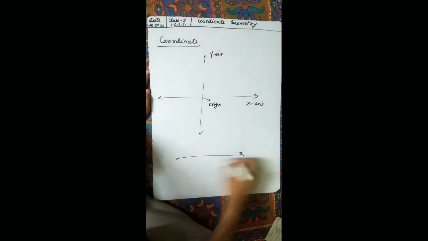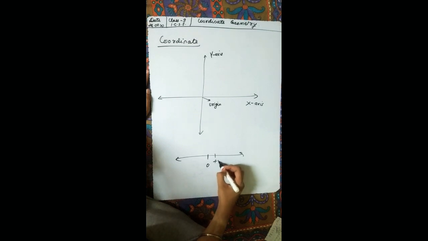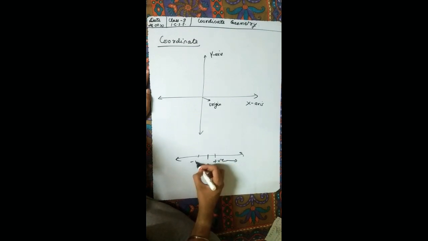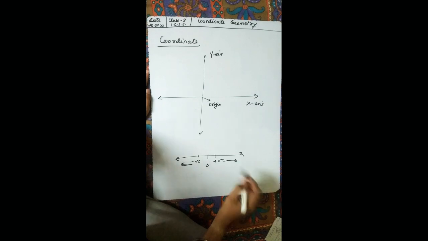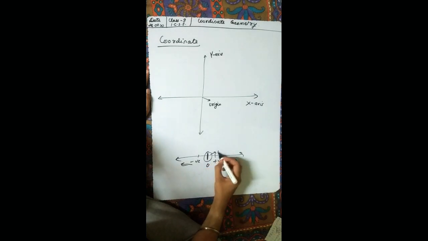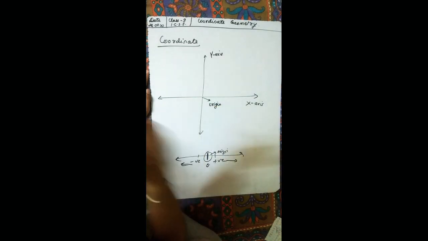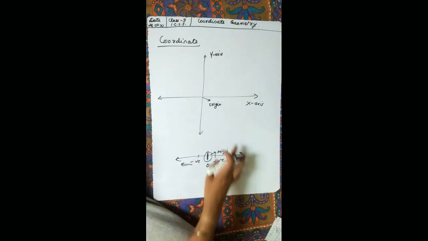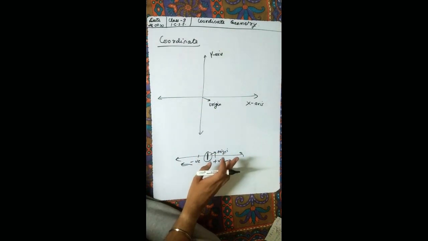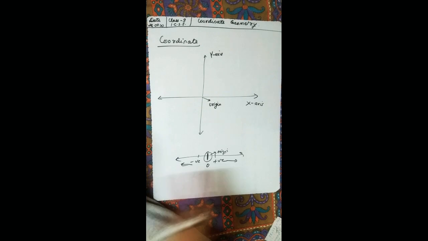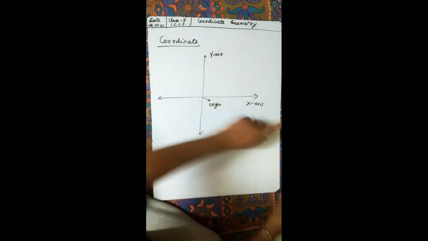Say in the number line we have 0 here, the positive side this way, and the negative side here. What do we call this? The origin. Similarly, this is called the origin, the first thing. Now consider this as the number line.